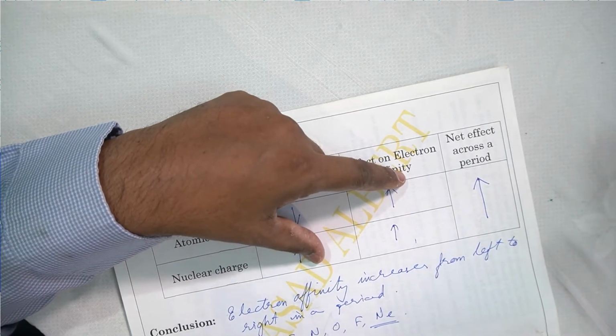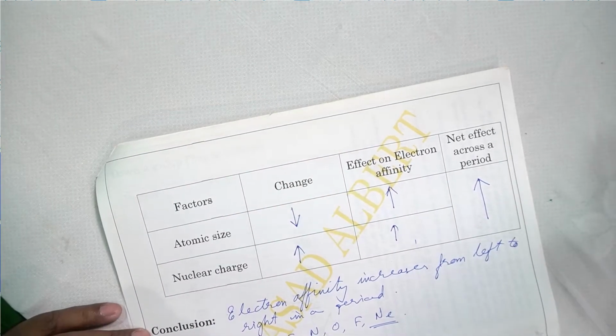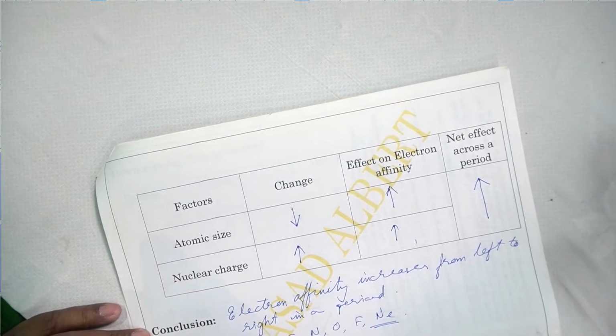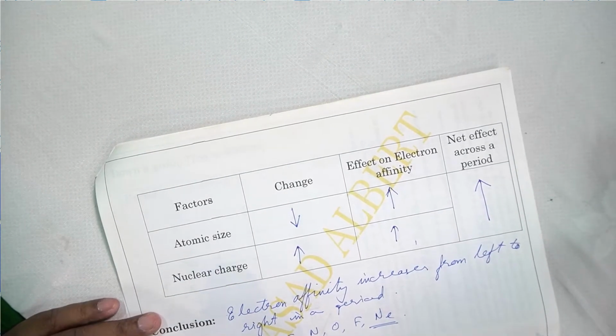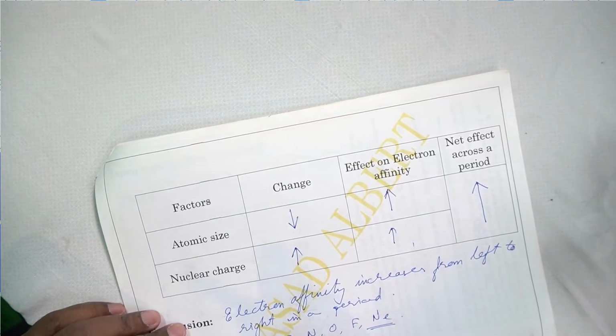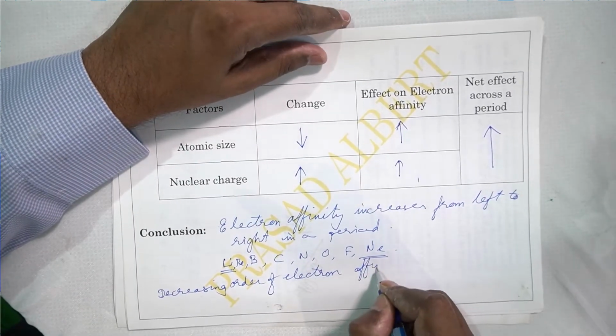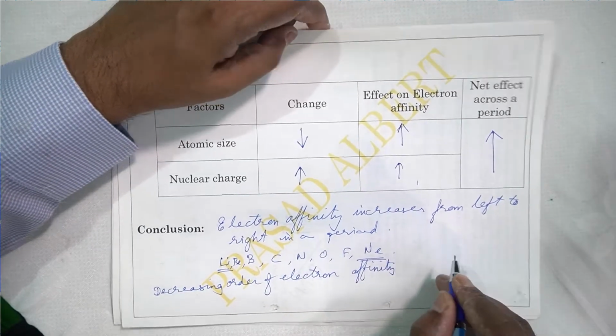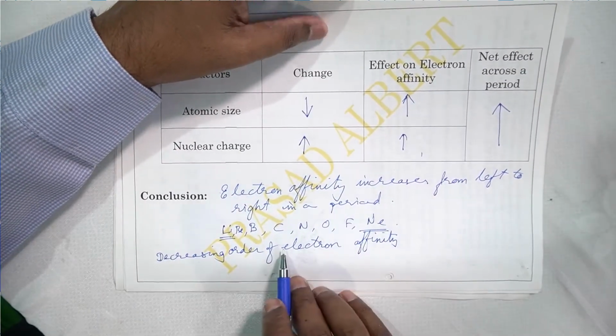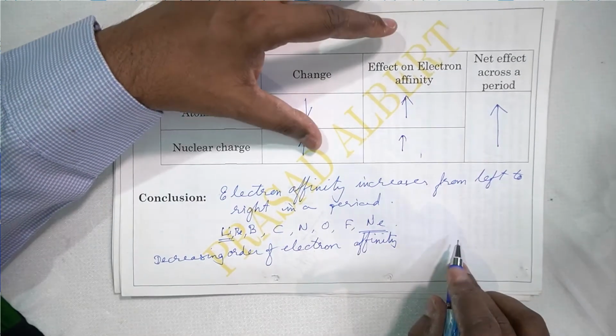You may want to arrange them in the decreasing order of electron affinity. Take these elements in the decreasing order, so the reverse order will be correct.